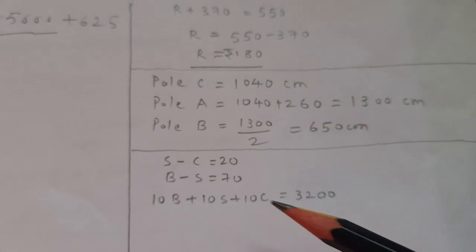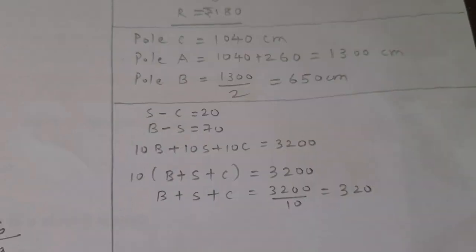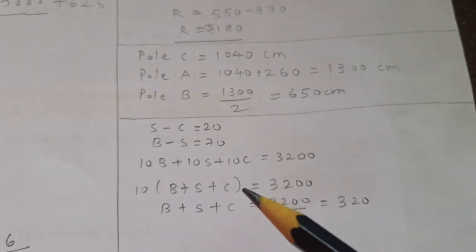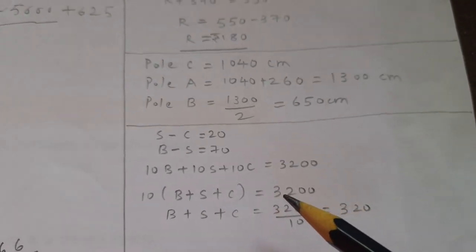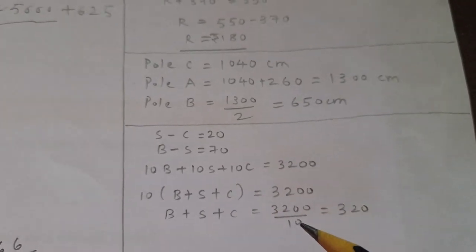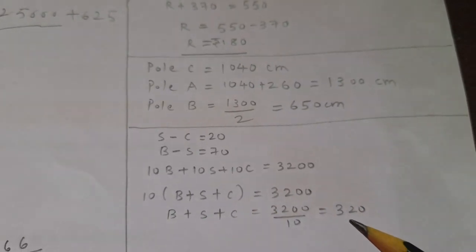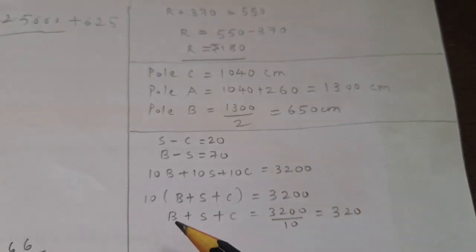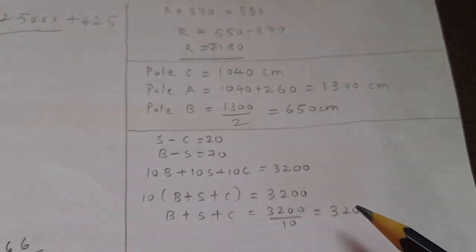So 10 is common. Let us take 10 out. So taking 10 out, I get B plus S plus C equal to 3200 divided by 10, which becomes 320. So B plus S plus C equal to 320.